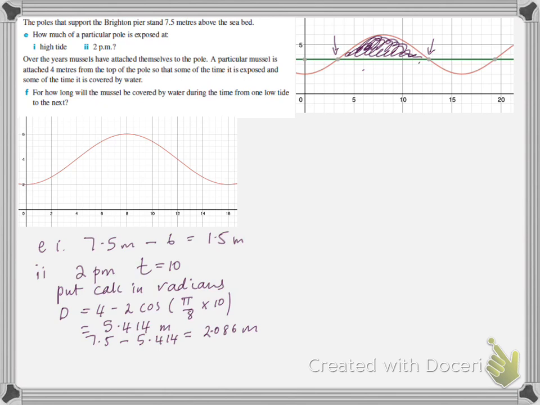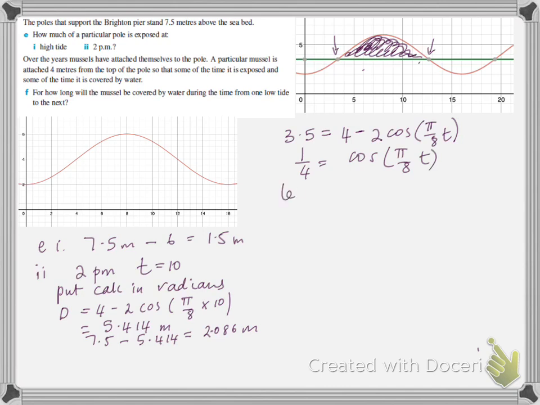So let's just go ahead and start it. I'm going to have 3.5 as my depth, and I'm looking for my time, equals 4 minus 2 cos pi on 8t. Once I've rearranged all that, what I end up with is a quarter equals cos pi on 8t.